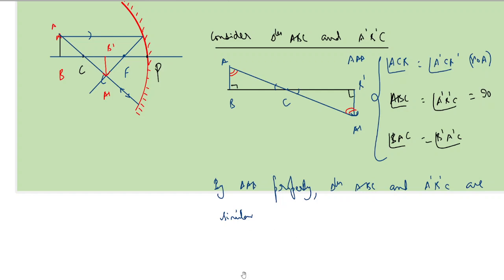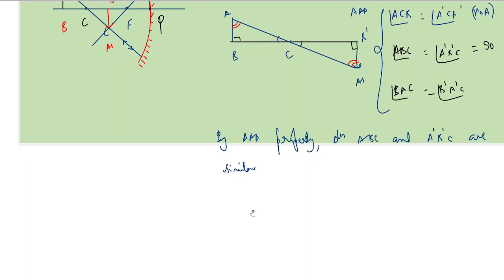We know from high school that if two triangles are similar, then the corresponding sides are proportional. That means for point A the corresponding point is A dash, for point B it is point B dash, and point C is common. So AB by A dash B dash is equal to BC by B dash C, which is equal to AC by A dash C.